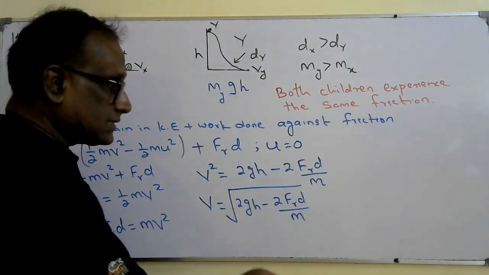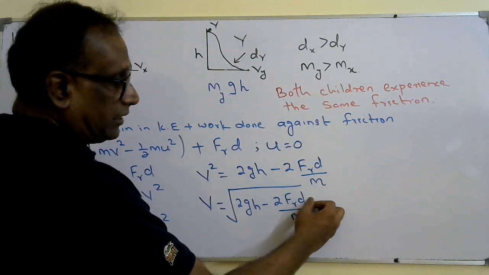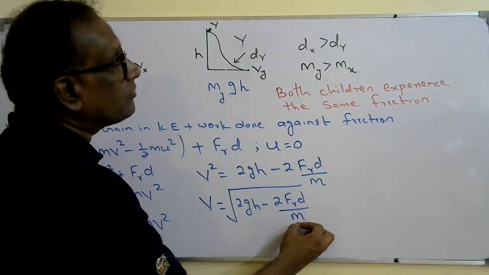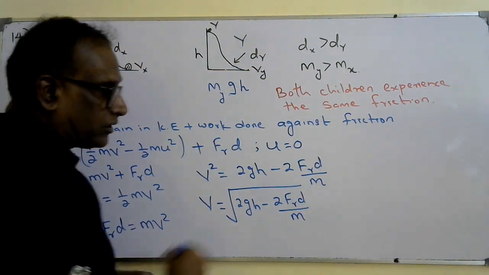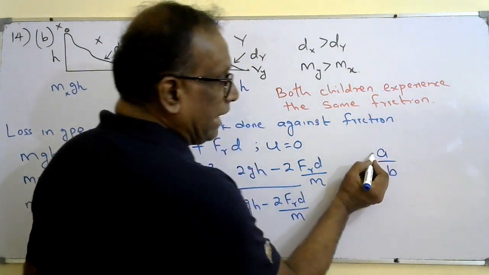Now if you think about X, dx is larger, numerator becomes larger. Mass of X is smaller, denominator becomes smaller. What will happen for a fraction, say a over b?